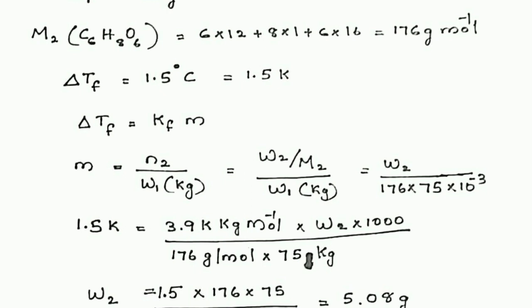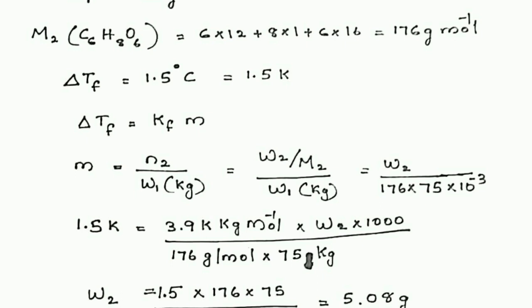Delta TF value is 1.5 Kelvin, equal to KF value 3.9 Kelvin kilogram per mole into molality, that is W2 divided by 176 into 75 into 10 raised to minus 3. Here, instead of writing 10 raised to minus 3, I have written divided by 1000. 10 raised to minus 3 means 1 by 1000 only, so we take it in the numerator.